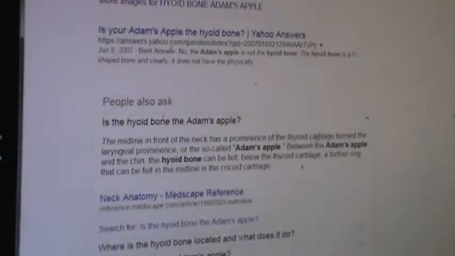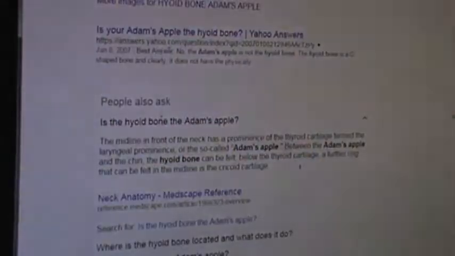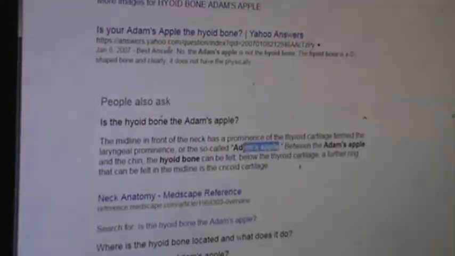You can also pop off LA. So cartilage we solved. Now again, the best thing to mention is the cartilage, because now +2s exceed +1s, very glaringly so. So Adam's apple we solved for Father, just like hyoid bone. Flawless.